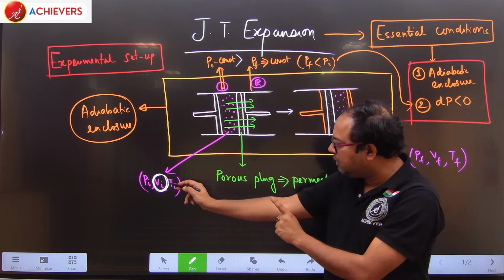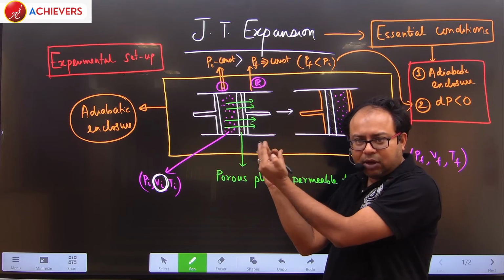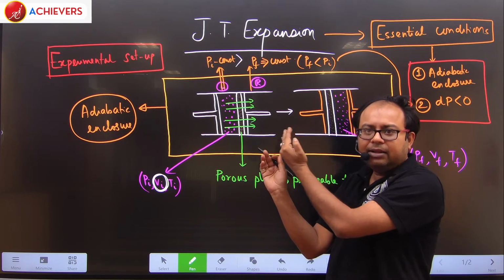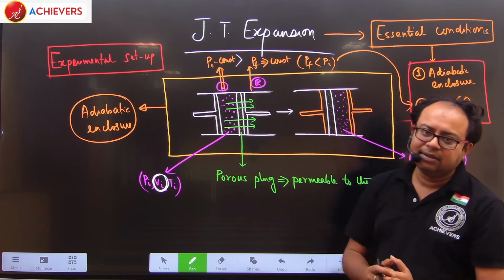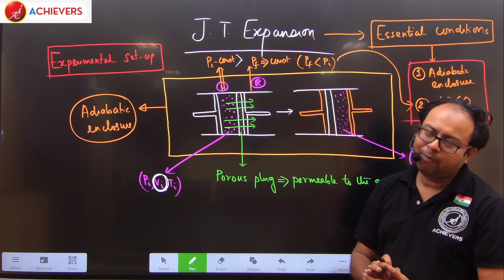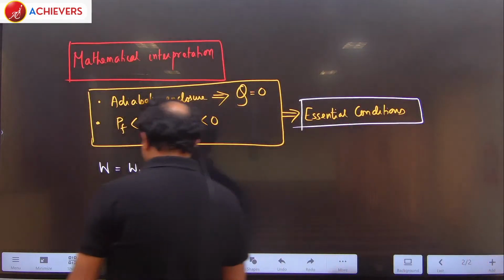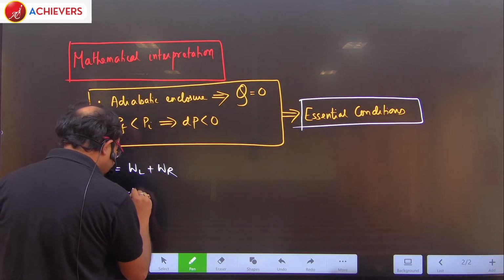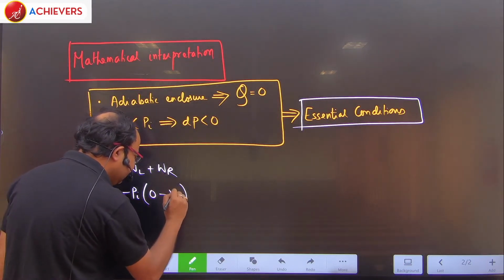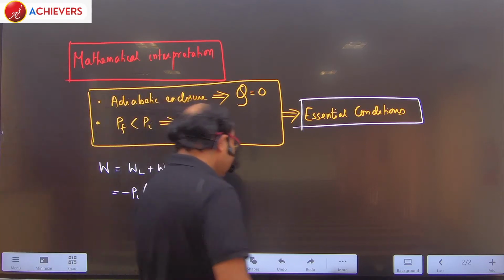Initially the volume in the left hand side was Vi, and as all the gas molecules flow out of the left hand compartment and move into the right hand compartment, the volume in the left hand side is reduced to 0, and the left hand piston comes in contact with the porous plug. So in the left hand side, the pressure is Pi, so minus Pi, the final volume is 0 and the initial volume is Vi. Done.